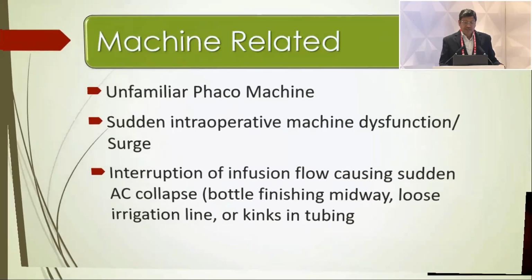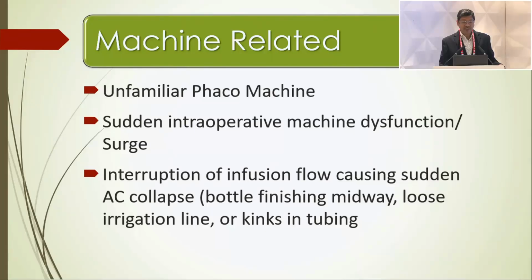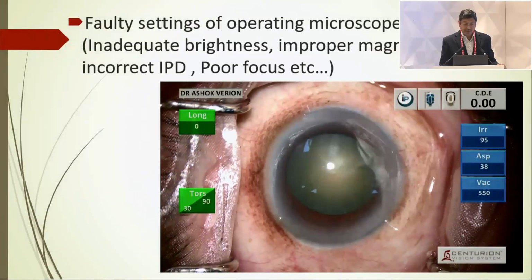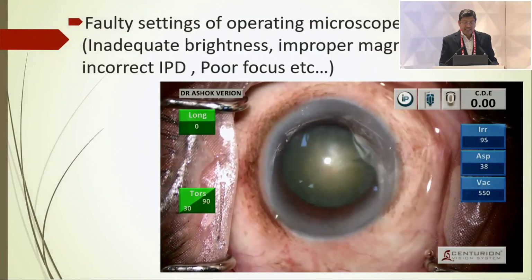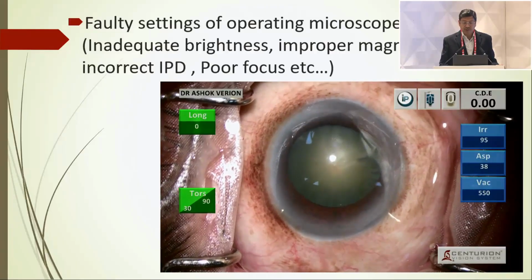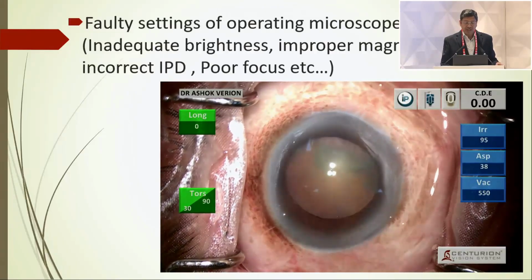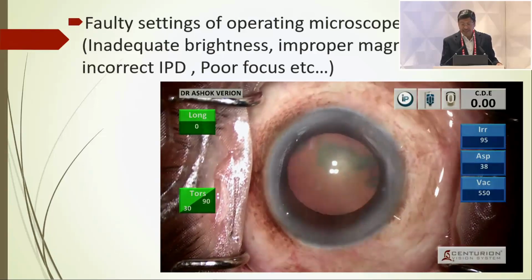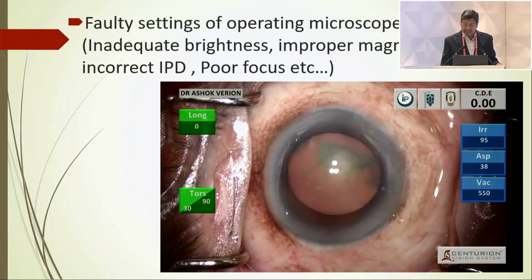Machine related, if you are not familiar with the phaco machine that you are handling, and if there is a sudden surge, or a collapse due to the irrigating line getting blocked or the bottle finishing midway, then there's a risk also. Faulty setting in the microscope where the brightness is poor, coaxial illumination is incorrect, focus is not proper, or there's fogging below the eyepiece, in that case there's a high risk.